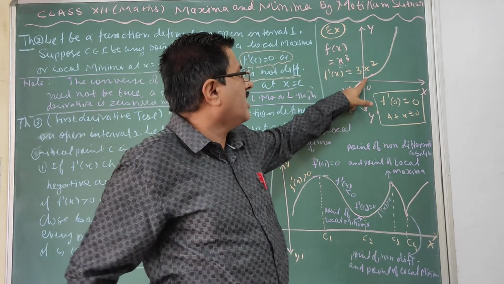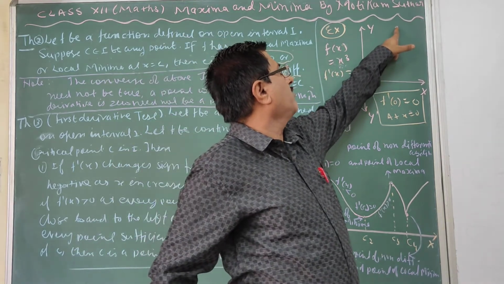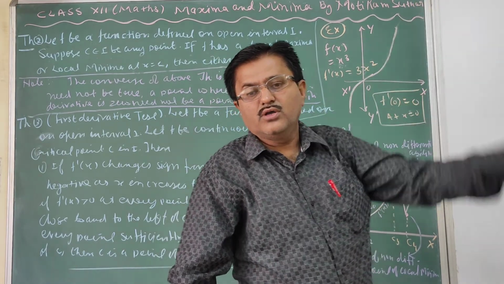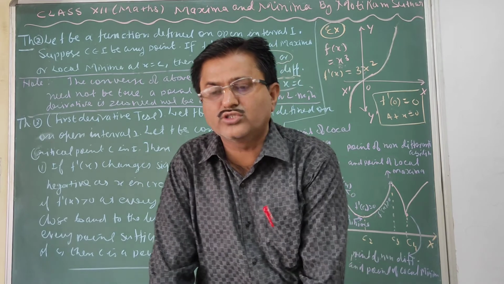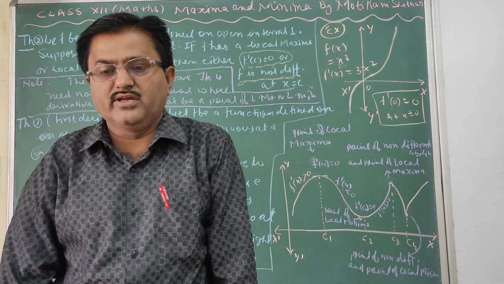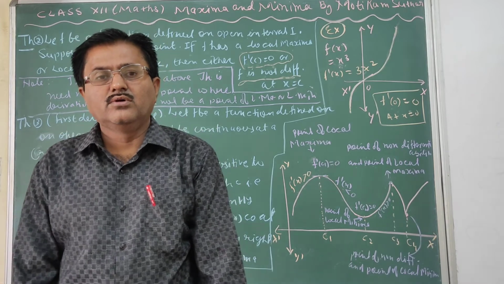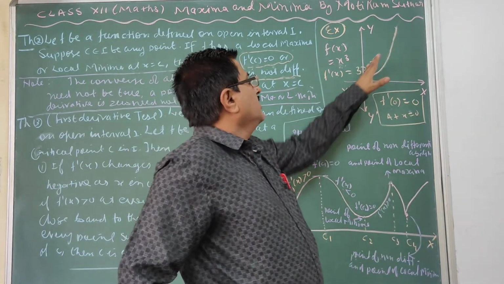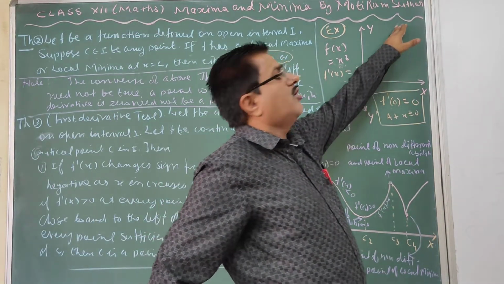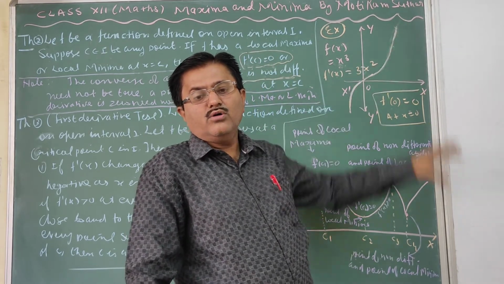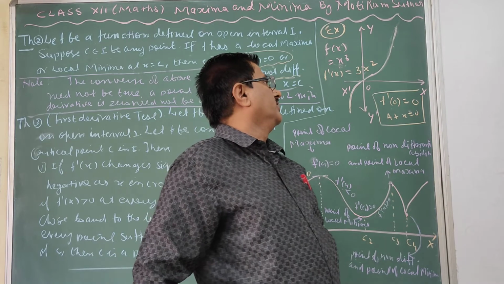As you increase the value of x, the corresponding value of y also increases and goes to infinity. So it has no maximum value, or we can say there is no point of maxima in this graph.